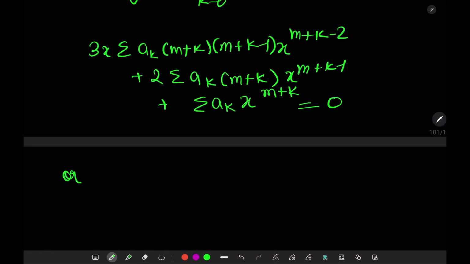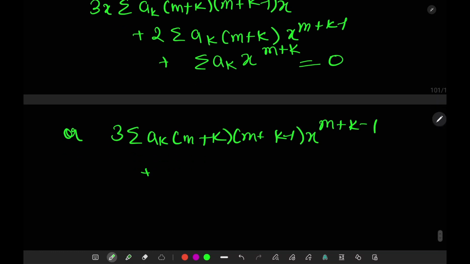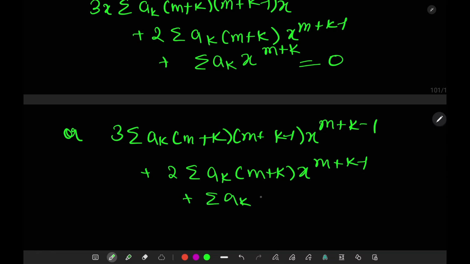Or we can write this equation as 3 summation a k into m plus k into m plus k minus 1 into x raised to power m plus k minus 1 plus 2 into summation a k into m plus k into x raised to power m plus k minus 1 plus summation a k x raised to power m plus k.